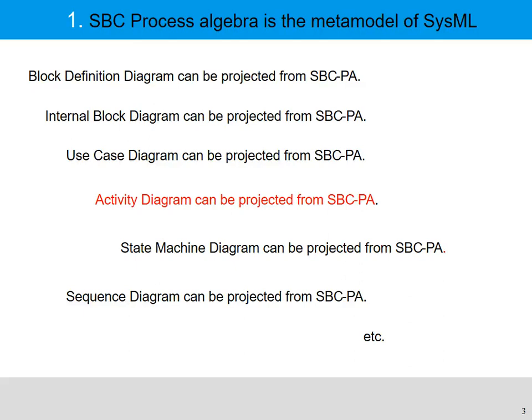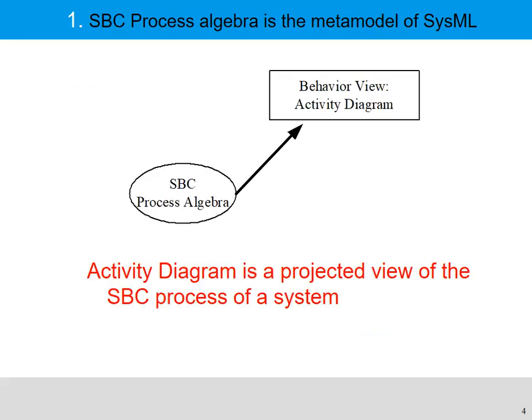Because SBC process algebra is the meta model, the activity diagram of SysML can be projected from SBC process algebra. That means the activity diagram will be a projected view of the SBC process of a system.